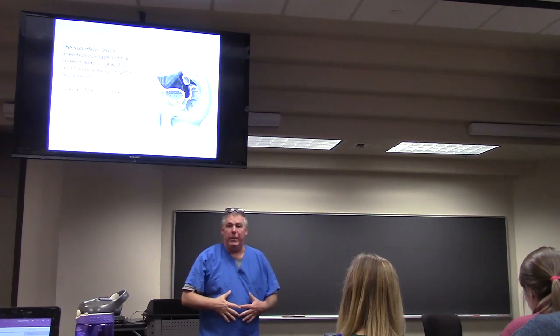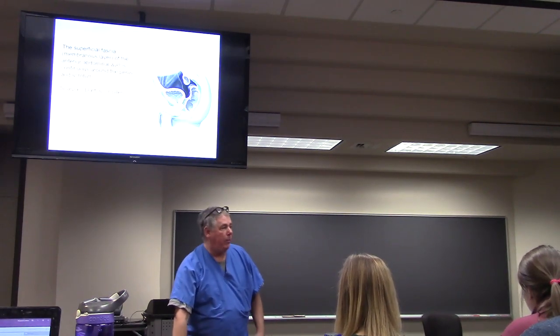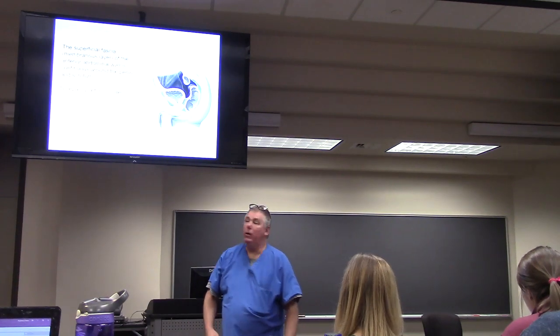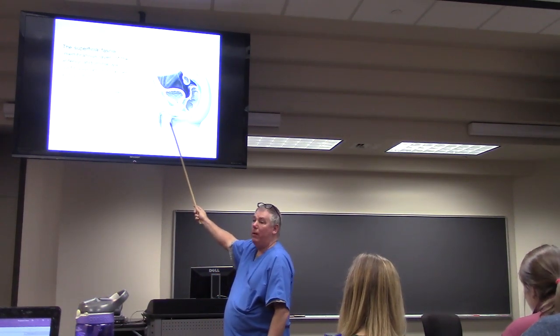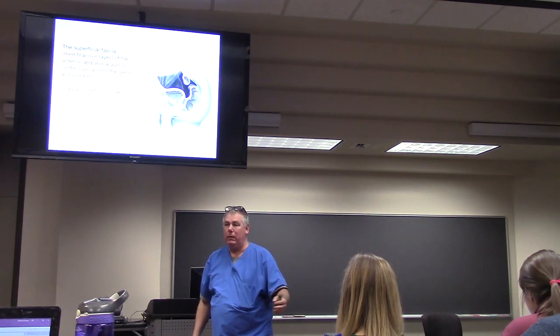A bruise in the abdomen is going to drain downward, and you're going to wind up with a black and blue penis, scrotum, and perineum, because it's all in the same plane.